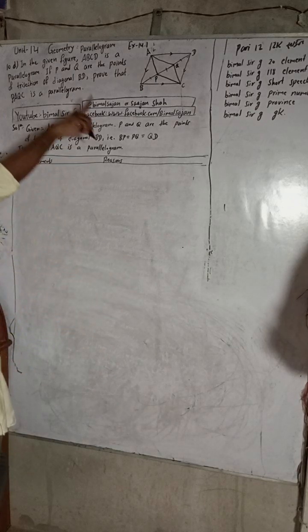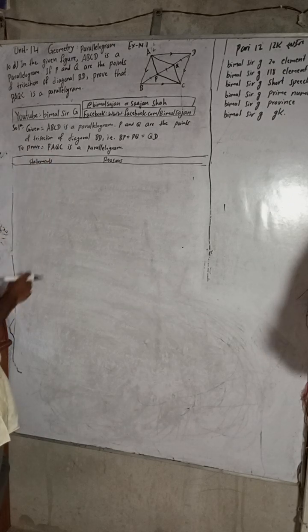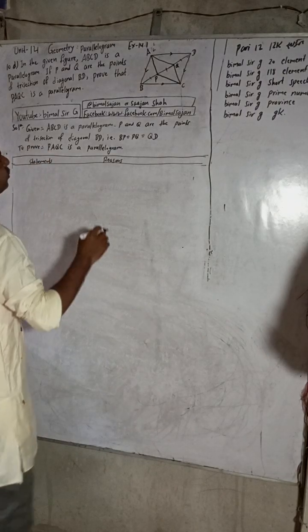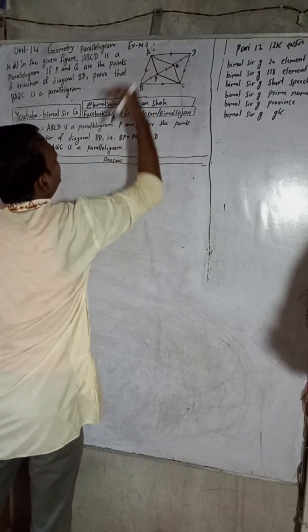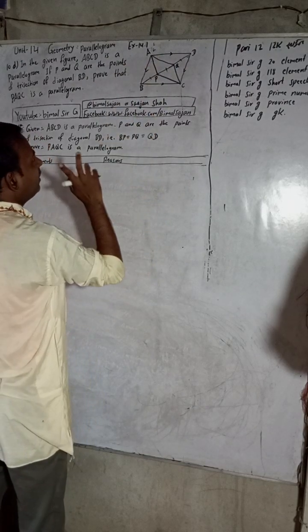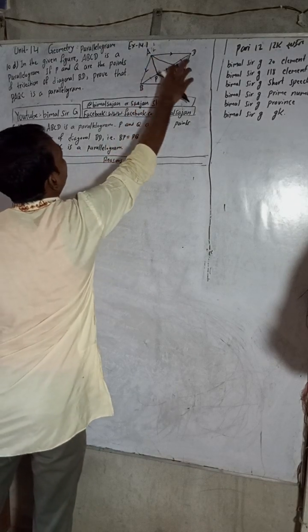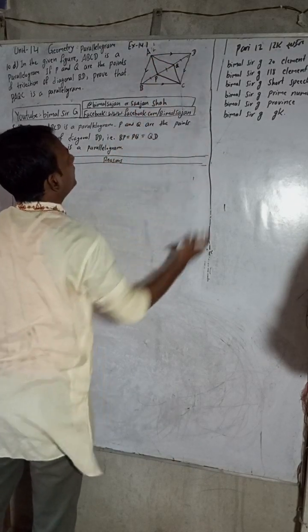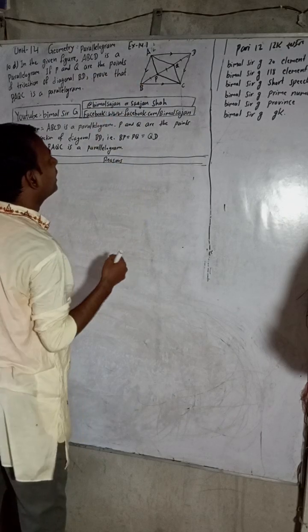Now, our target to show this parallelogram is to show that the opposite sides are equal and parallel. If we show only one pair, this or this, is equal and parallel, then it is automatically a parallelogram. Why?